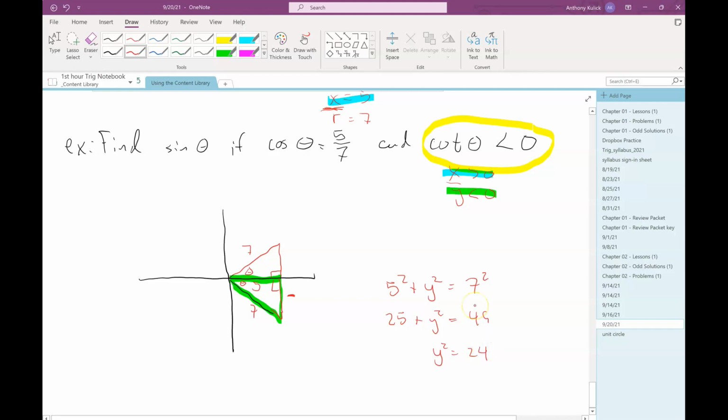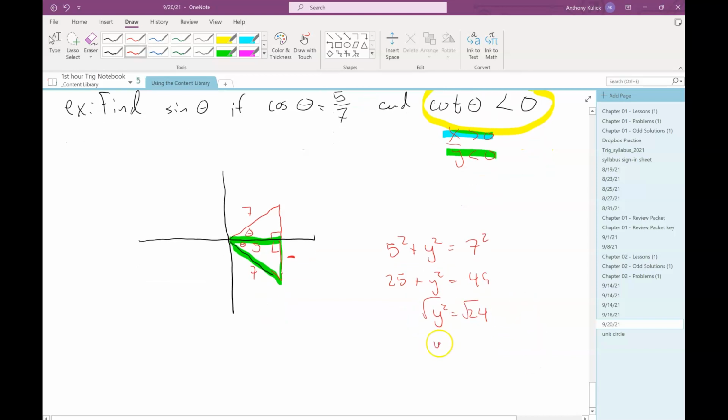So subtracting 25 from both sides, and then we'll square root both sides. I remember I can simplify a radical by breaking it up into a perfect square and some other stuff.